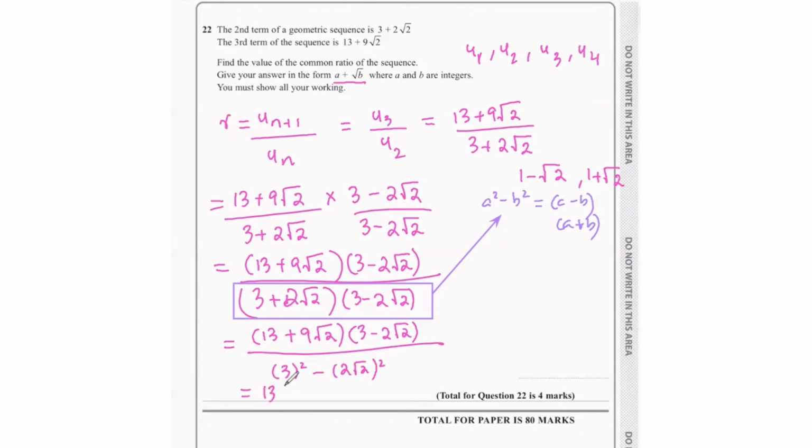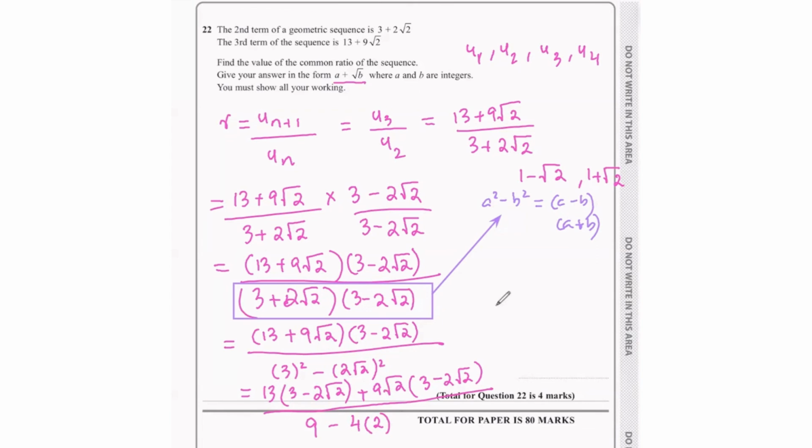So that's going to be 13 times 3 minus 2 root 2 plus 9 root 2 times 3 minus 2 root 2, divided by 3 square, which is 9. 2 root 2 whole square is going to be 4 times 2, because we distribute the power, 2 gets squared, that's 4, and the square of a square root is the number itself, which is 2 over here.